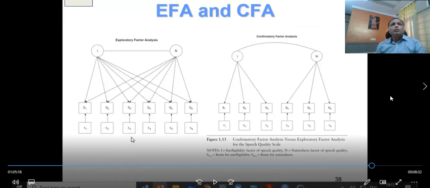Invite people, invite experts to have a discussion. Then they will give you some clue, some idea, and you need to observe and figure out that these may be the different questions which may cover or measure the construct.